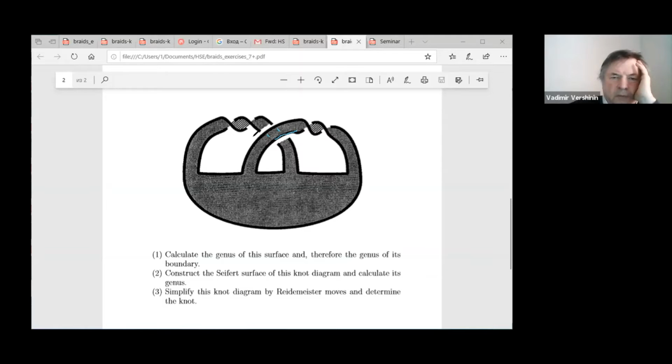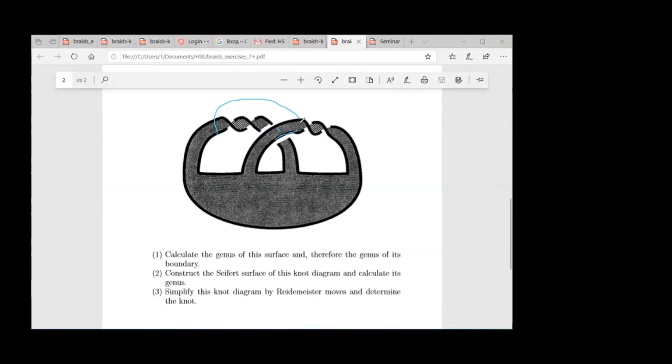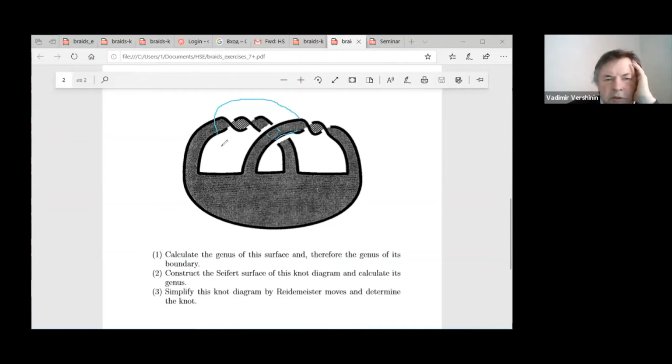We go by this line, by this crossing, and this crossing. So it means that we are doing this thing, right? This line goes over, goes up.